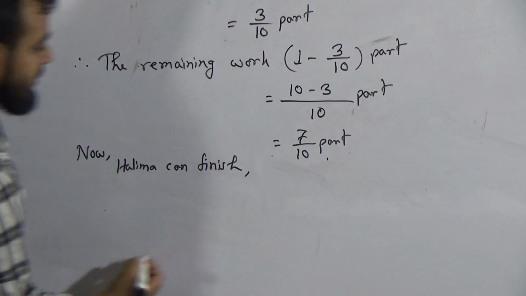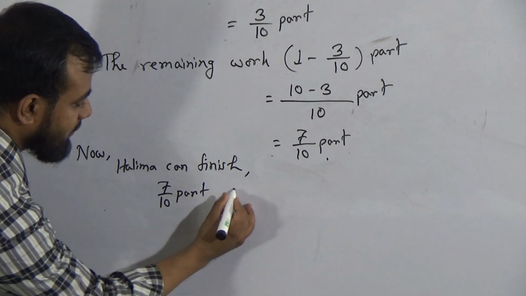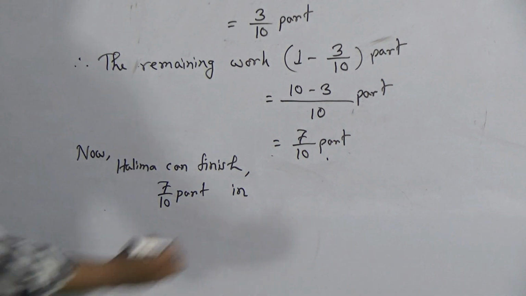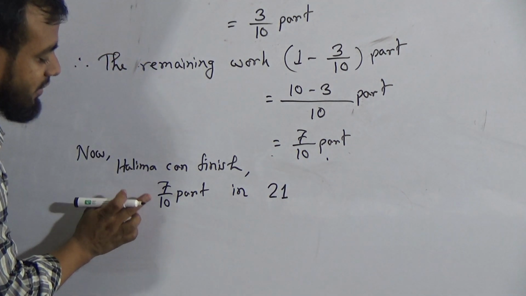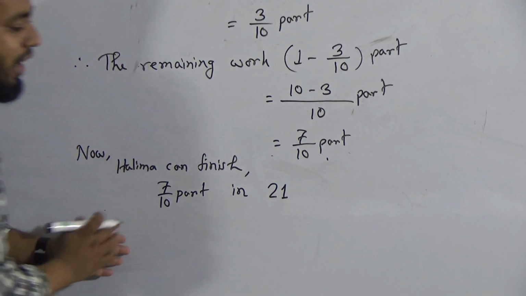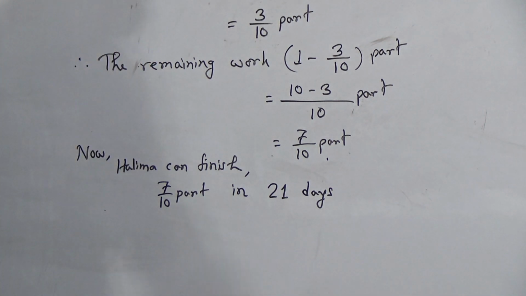Halima can finish 7/10 part in how many days? In 21 days, because this is the remaining part, and this remaining part is done by Halima alone. Halima completes this work in 21 days.